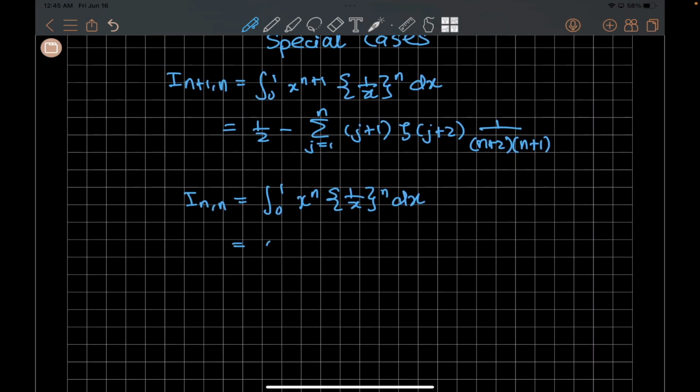This becomes 1 minus 1 over n plus 1 times the sum j goes from 1 to n of zeta of j plus 1. And there we go. That's a fairly safe place to conclude the video.